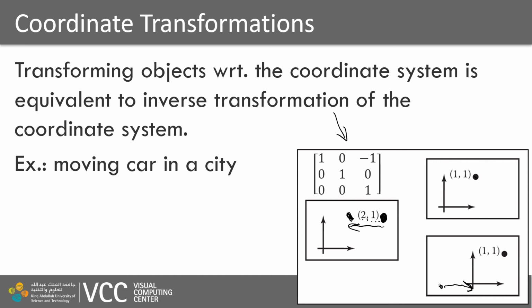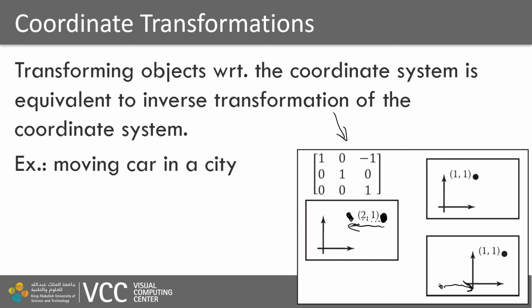What is moving when the car is in motion is the city or the landscape around. So maybe we do not want to move the car within the city, but move the city with respect to the car in the opposite direction. So these could be the considerations when we are performing transformations.